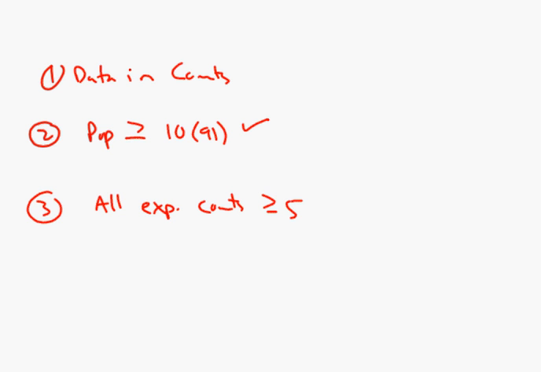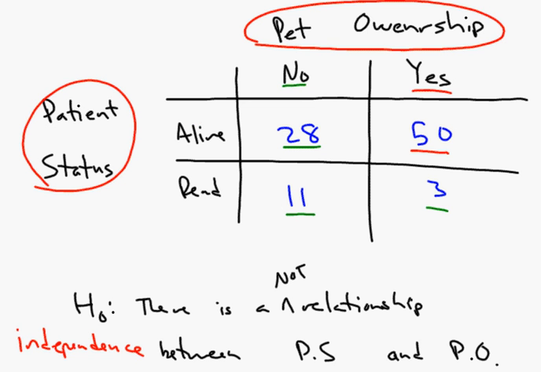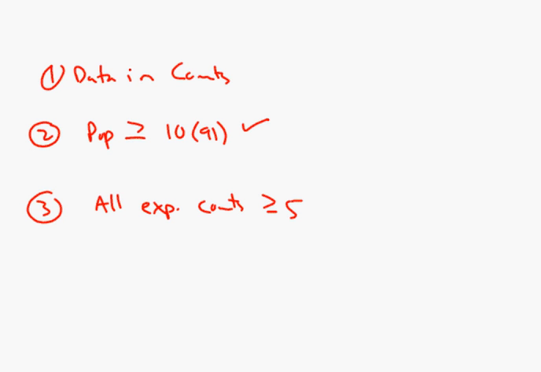Sometimes we say no more than 20% of them could be less than 5. So in this case, none of them can be less than 5 because there's only 4 different categories that we could be in. And then lastly, we're supposed to have an SRS, and that might be where you consider this assumption not satisfied. So for the time being, we're going to assume that it was and proceed, but we'll go from there.